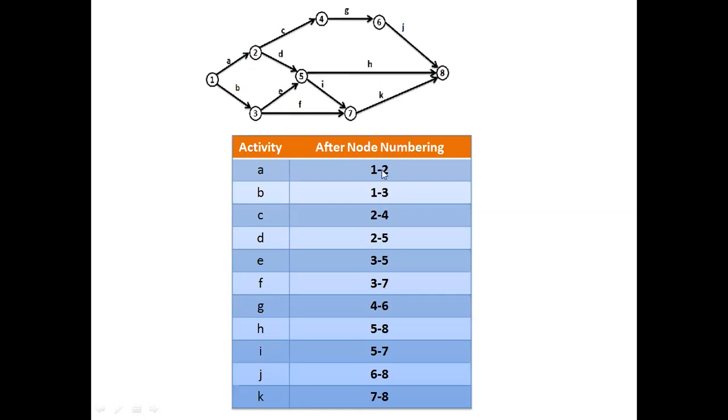And when you consider the head event or the terminating event of each activity, the activities which are having the common terminating event, say for example, 5 and 5 are there for 2 to 5 and 3 to 5, means the activities 2 to 5 and 3 to 5 will converge at the same time, means they can complete the execution of the activities at the same moment.